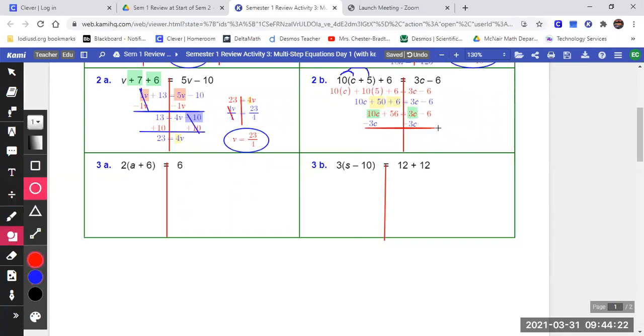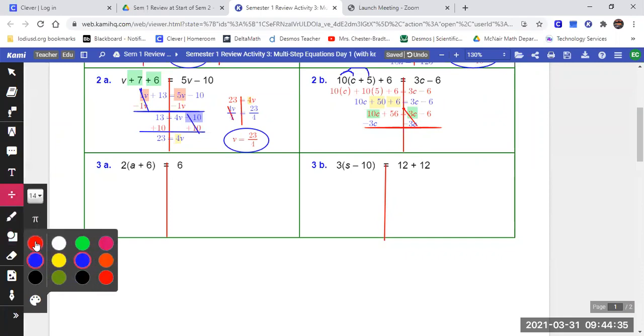Now we do the math. That's 0. We go do our math. 10 C's minus 3 C's. What's left?